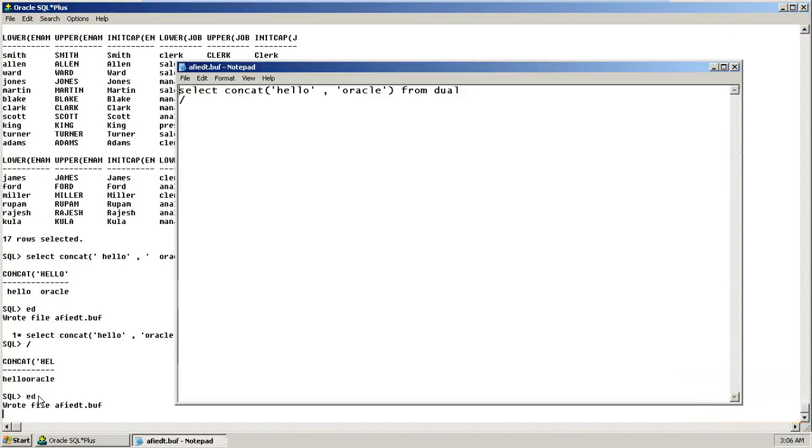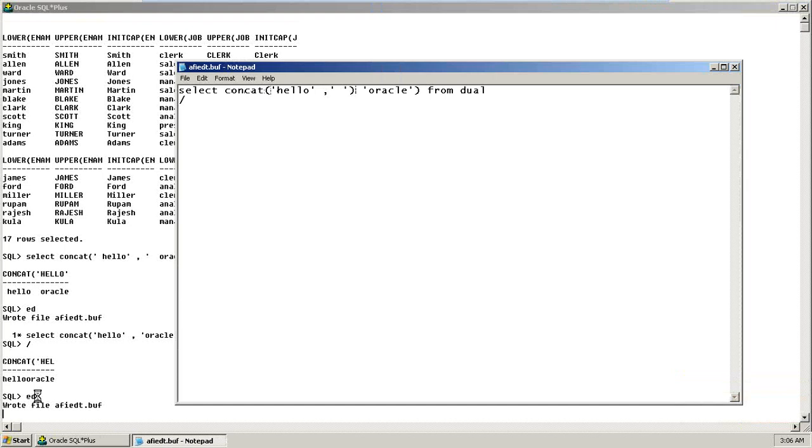But if you want some gap here, I don't want to give spaces in this, so additional space I have to maintain, and I have to use nested concat functions. Concat of. So this is a concatenation function.